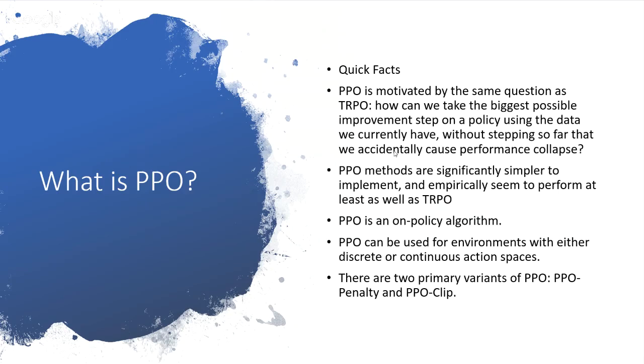PPO is an on-policy algorithm. PPO can be used for environments with either discrete or continuous action spaces. There are two primary variants of PPO, PPO penalty and PPO clip, which I'll talk about a bit more later. PPO clip's probably, I would say, slightly better. Actually, it is better, but some people may say no to that.